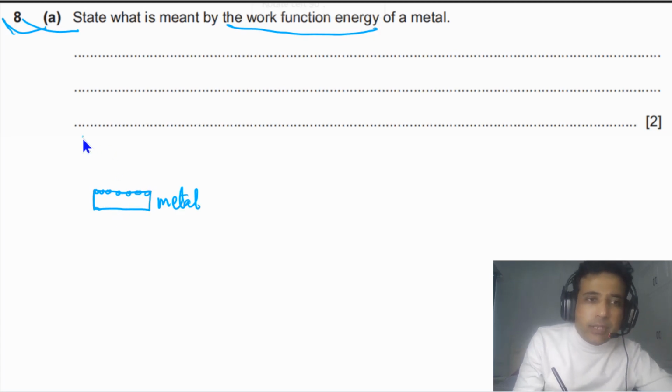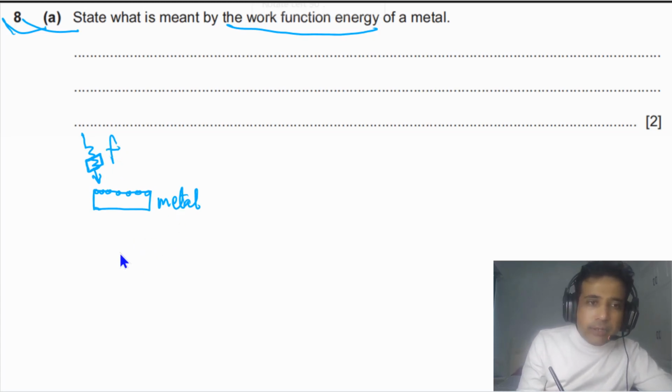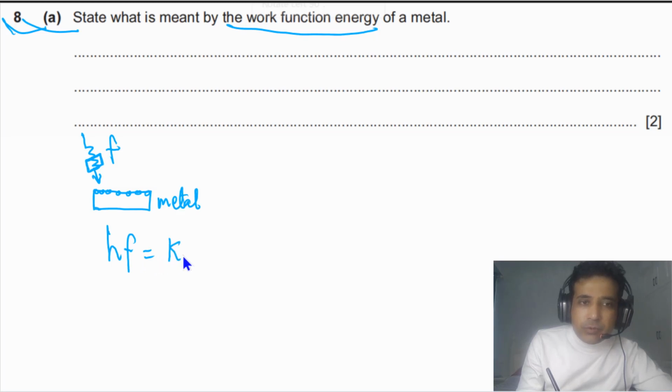Now if electromagnetic radiation is coming, let's say we can imagine this as a photon of EM radiation coming, and the frequency of this one is f. Now we can write down the photoelectric effect equation. According to the photoelectric effect equation, energy of the photon is equal to kinetic energy maximum plus work function.